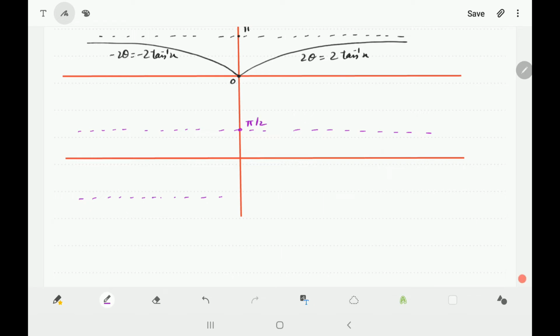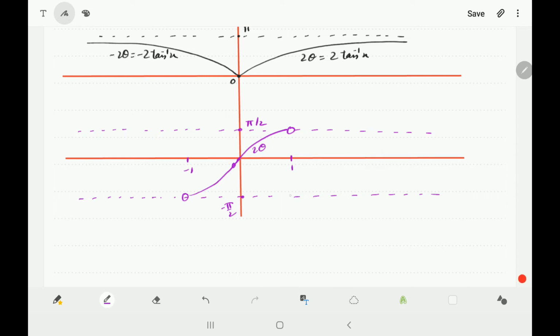So this will be pi by 2 and this will be minus pi by 2 and 0. Okay, so this is 1 and this is minus 1, which are not in the domain. So from minus 1 to 1 it is 2 tan inverse x, which is of this shape. Okay, so this is 2 theta.